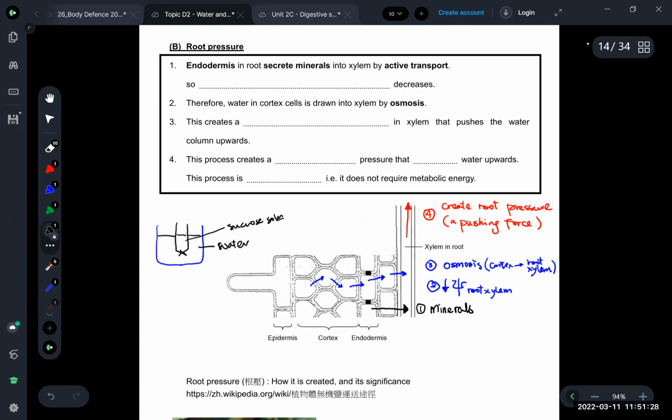And if you remember the result, the water goes in, so the water level goes up. But after some time, the water level stopped going up because of the weight of the water itself. So it also means that this driving force is quite weak.